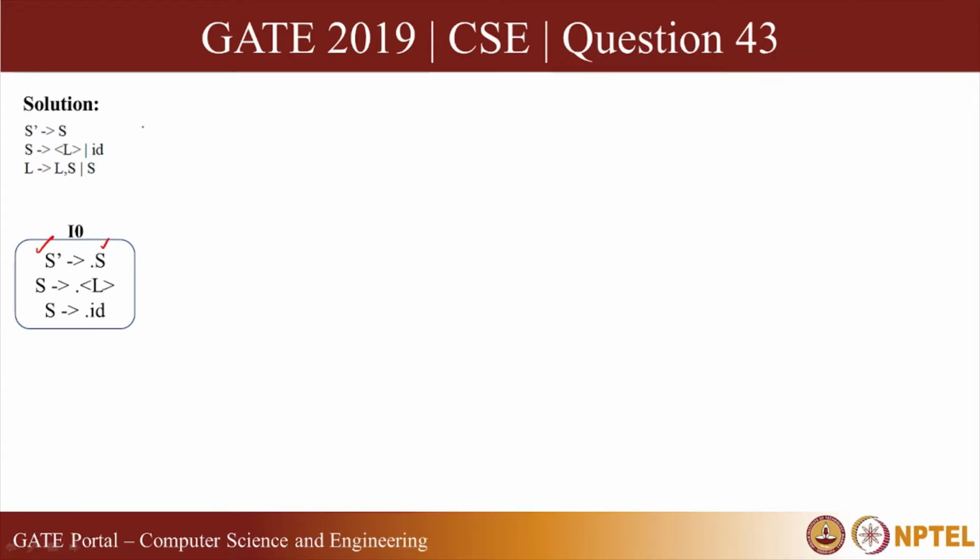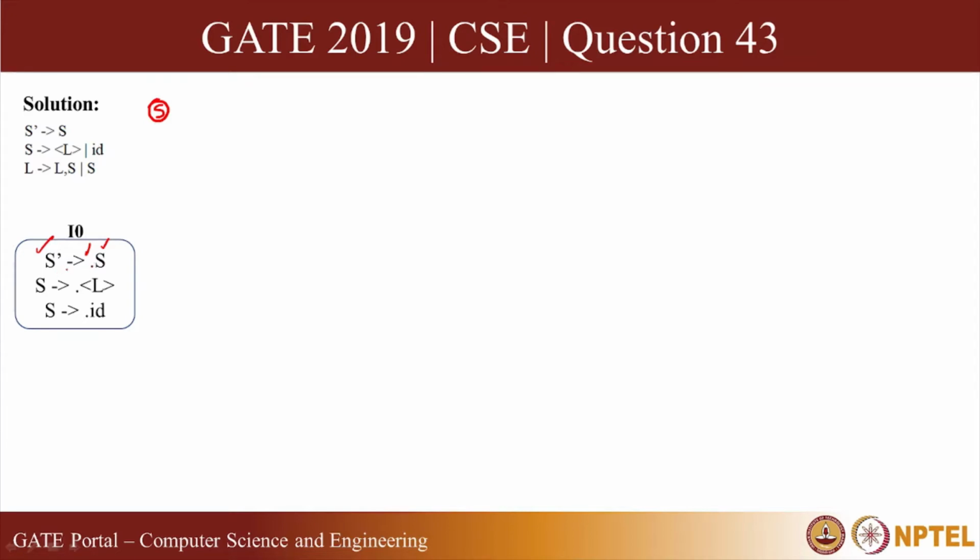So our main target will be to parse S. This dot represents how many things we have parsed till now and what is left. If we have parsed something, it comes to the left side, and if we are going to parse something from now, it comes to the right side of the dot.